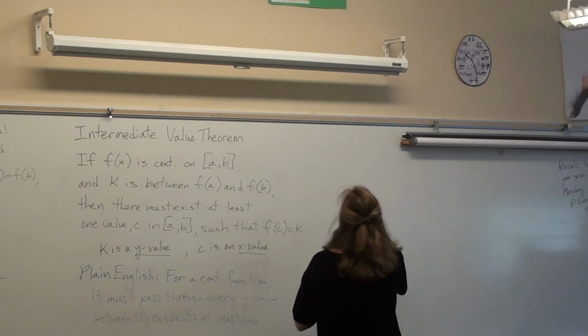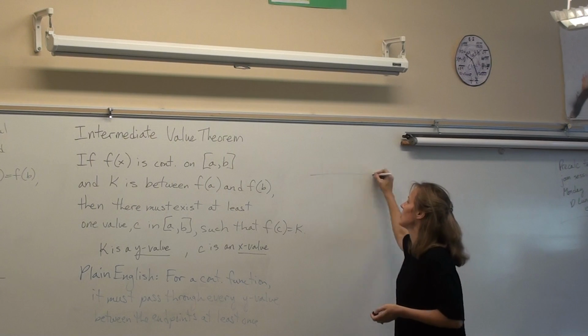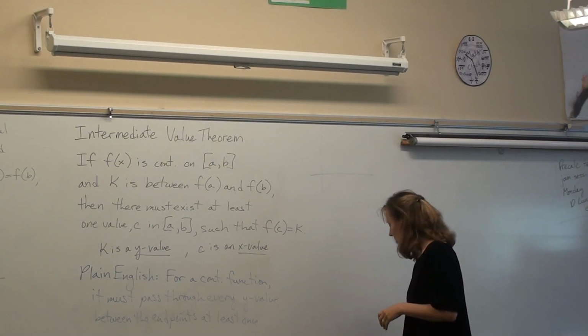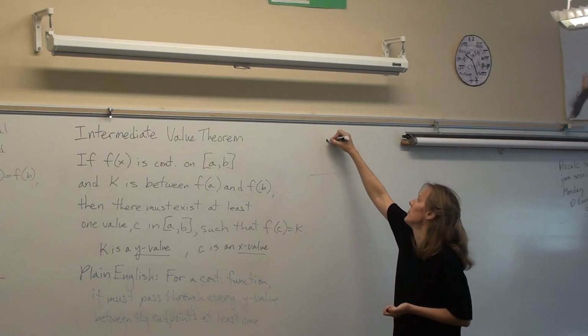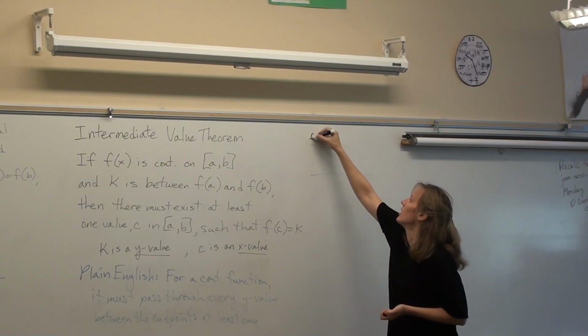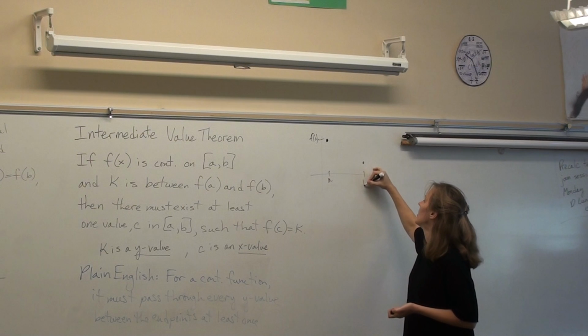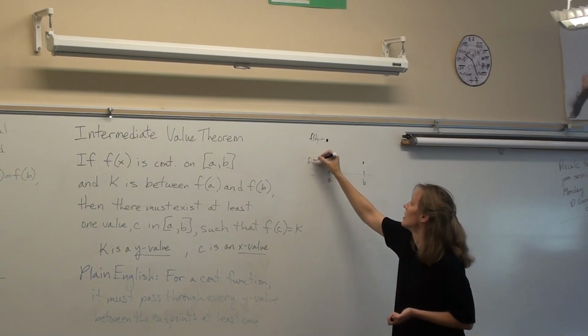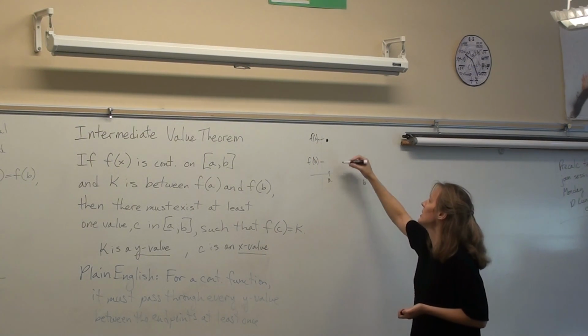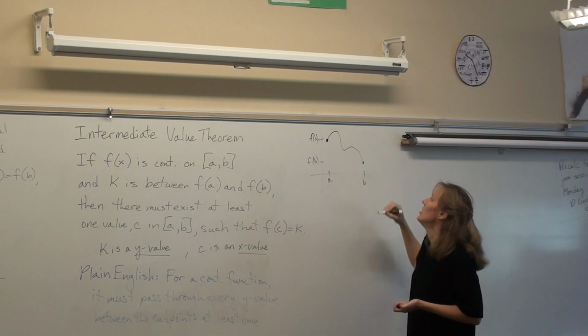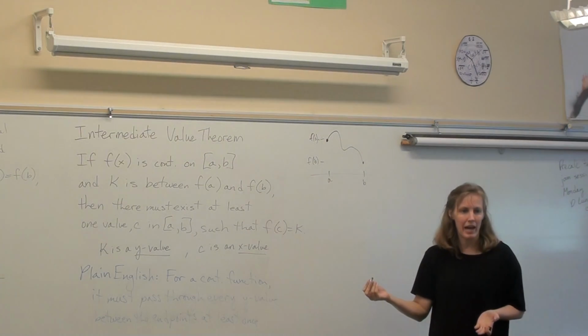So, graphically, you just think to yourself, all right, so I have some f of a, that's a, and I have some f of b, and then what's going to happen is you're going to be given some value k.